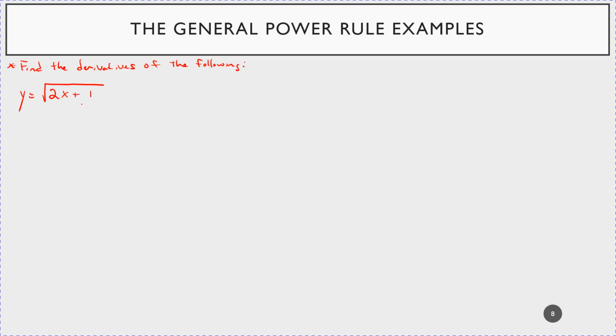The way we used to solve this was to write it as (2x plus 1) to the 1/2 power. Now here's what you can do. Notice how the 2x plus 1 is inside the parentheses, so I'm going to let u be equal to 2x plus 1. Then I have y is equal to u to the 1/2 power.